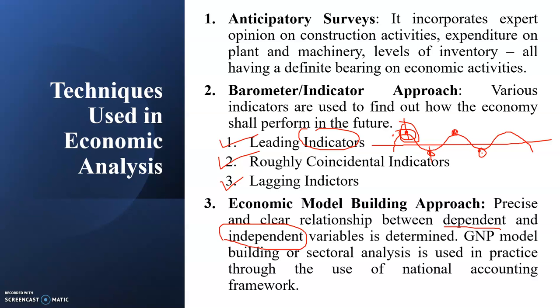A change in a particular item will affect the economic variables of other items or of the country at large. So this is one technique through which the economy can be analyzed, and thus investors or analysts can make predictions about the future. So this is all about the techniques used in economic analysis.